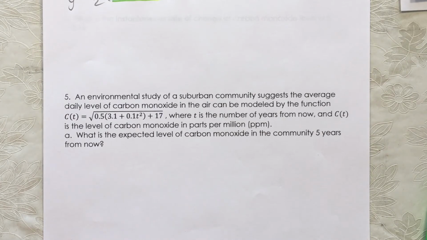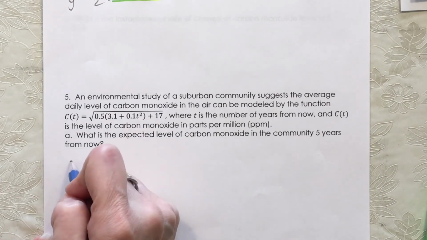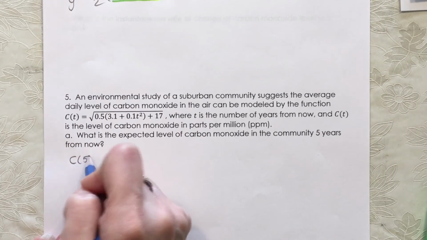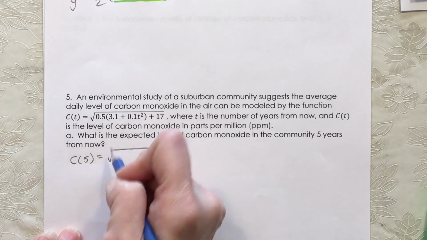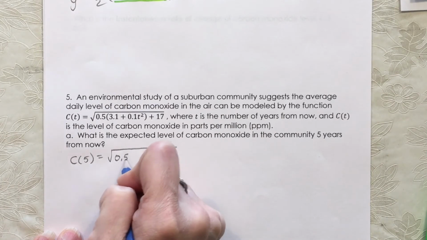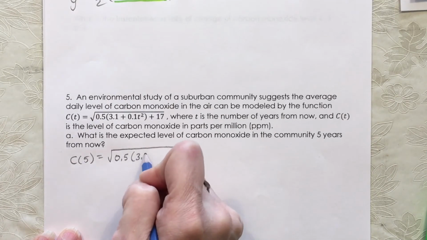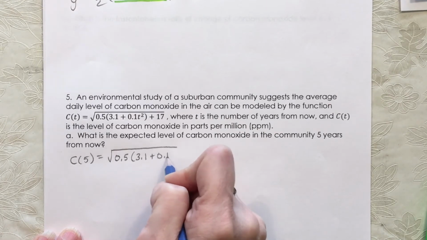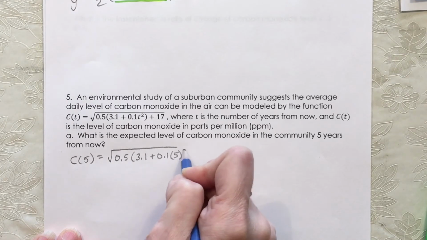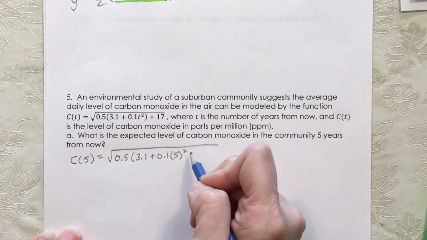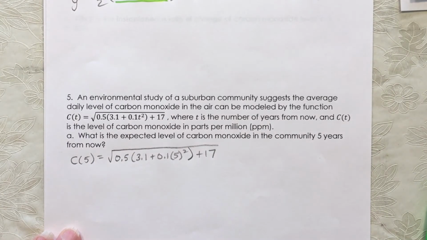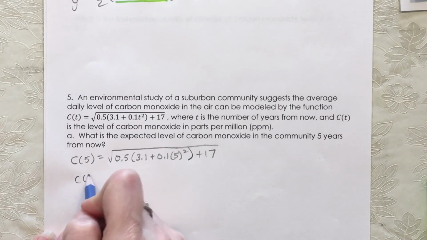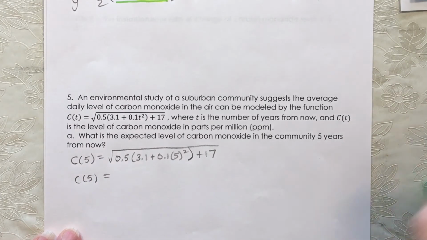So they're not asking me for a rate at all, so they just want me to find c at 5. So that's going to give me 0.5 times (3.1 plus 0.1 times 5 squared), close bracket, plus 17. So you have to be able to put that in your calculator effectively.